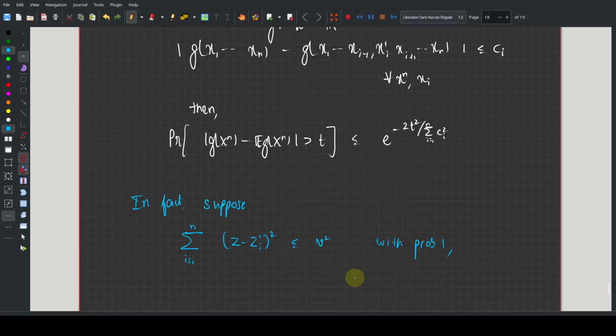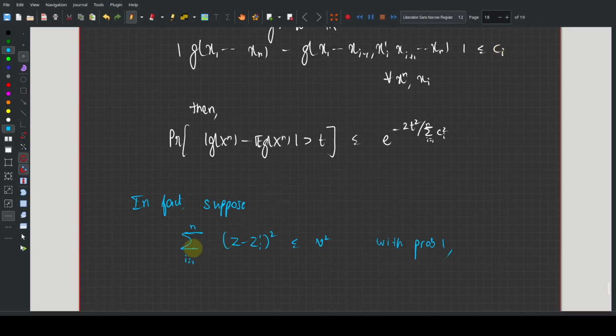Here I'm not demanding that, with respect to one particular xi, the value of g differs only by an amount ci. This is a slightly more general form when compared to this, which says that the absolute value of z minus zi prime is less than or equal to ci.